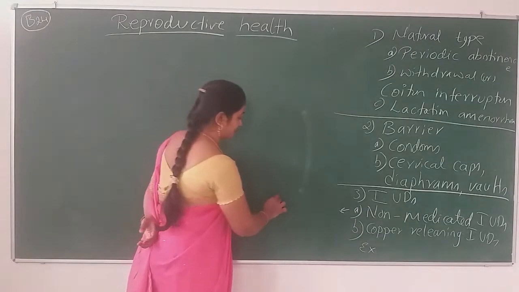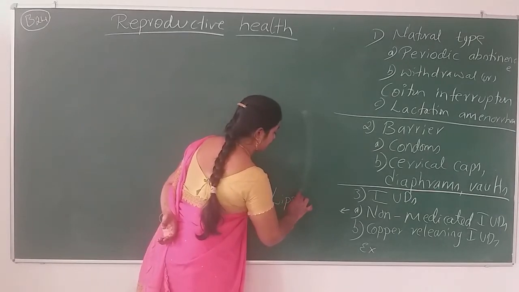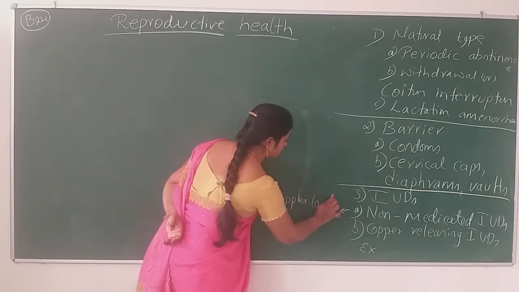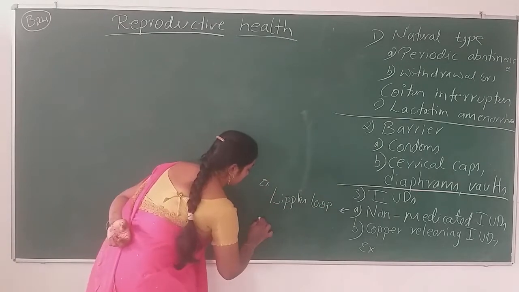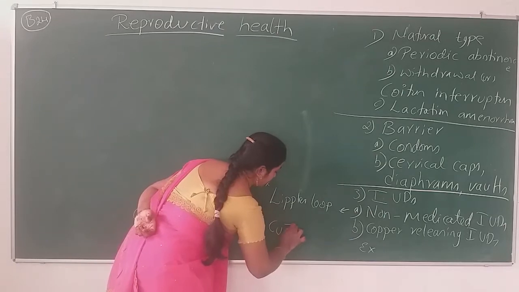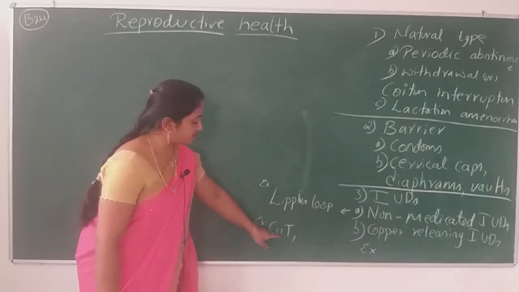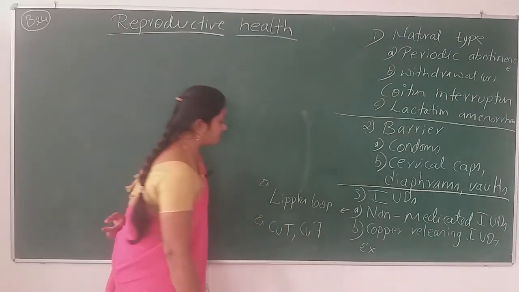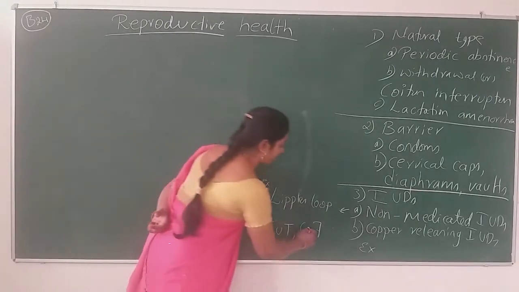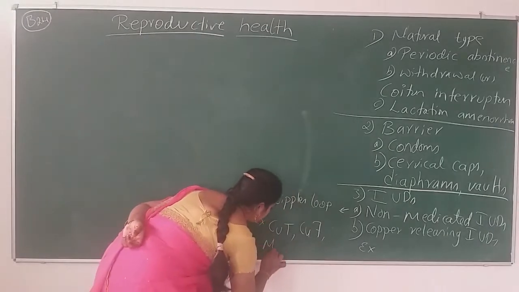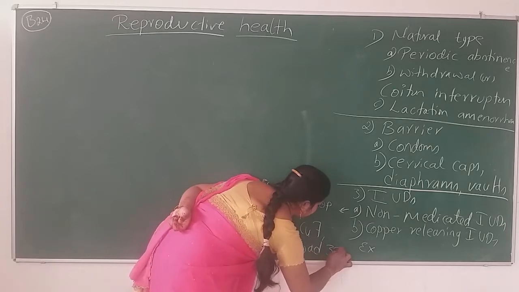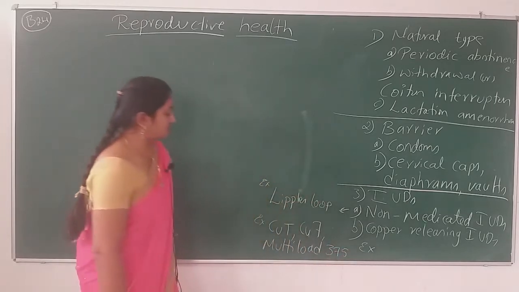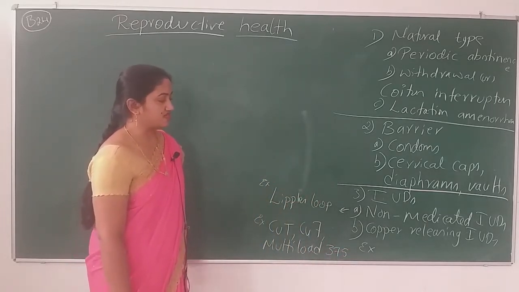For non-medicated, it is Lippes loop, and for copper releasing IUDs, it is Cu T, copper T, Cu 7, copper 7, and one more is there, that is Multiload 375. So these three come under copper releasing IUDs.